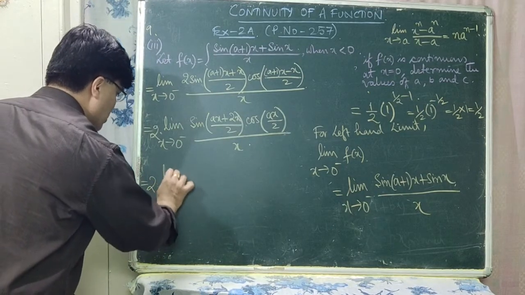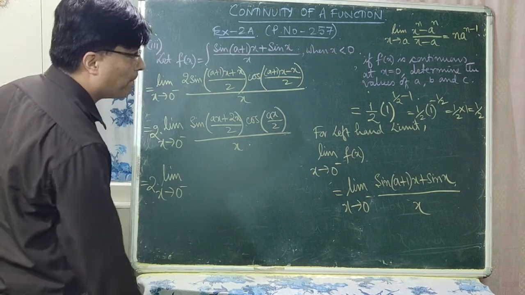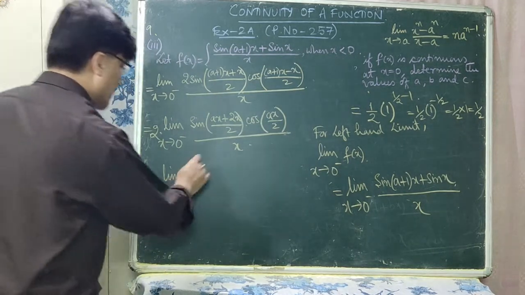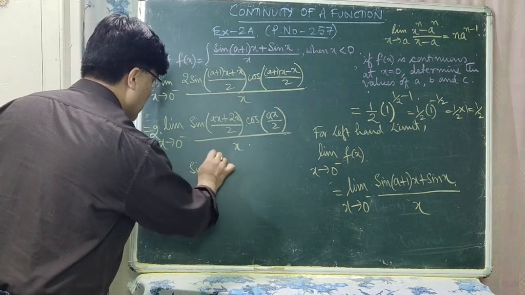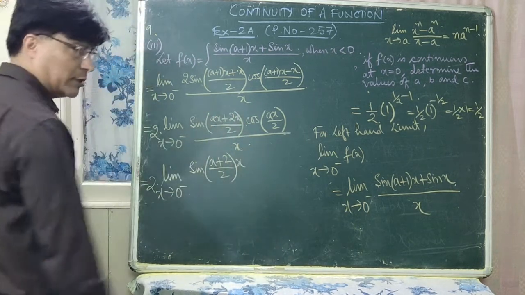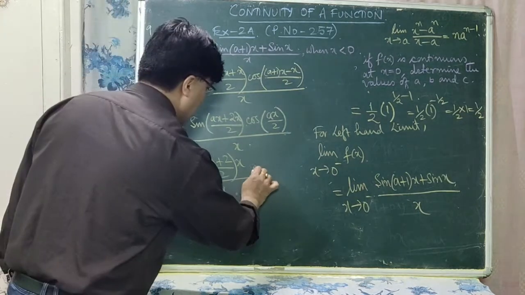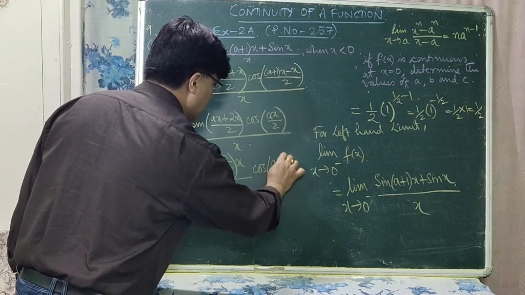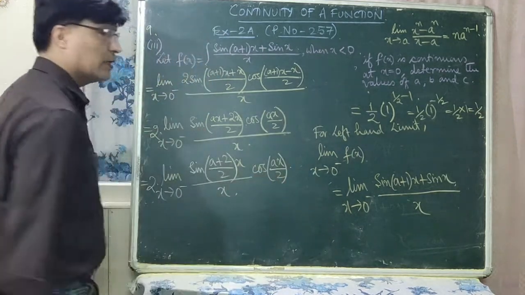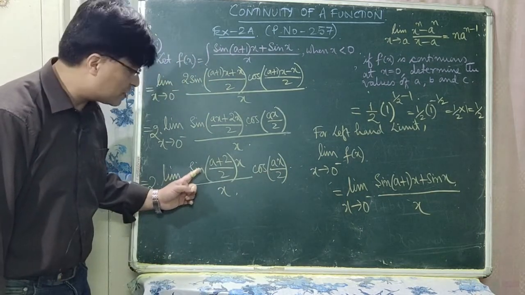So which is equal to 2 into limit x tends to 0 minus, sine of a plus 2 divided by 2 into x. Here x is common, and divided by x out here, and this is cos of ax by 2. Is that clear now? So you should convert it into the form of sin x by x.